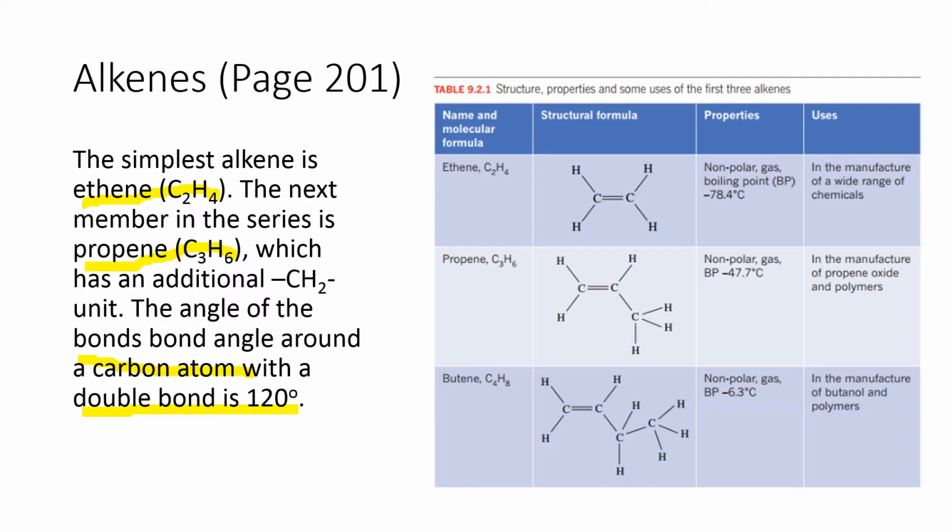If we look at ethane previously, we know the structure is tetrahedral and the bond angle is approximately 109.5 degrees. When you look at alkene structures, like ethene, propene and butene, with two, three and four carbons, all of them have one double bond, and the bond angle is actually 120 degrees, not 109.5, because in this case it's not a tetrahedral shape. It's what we call a planar, or flat, shape.